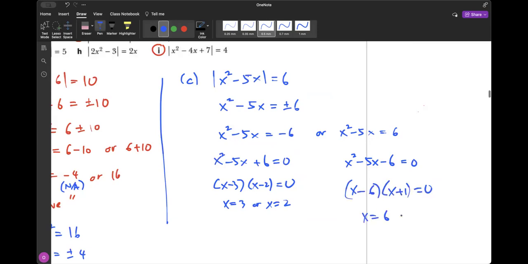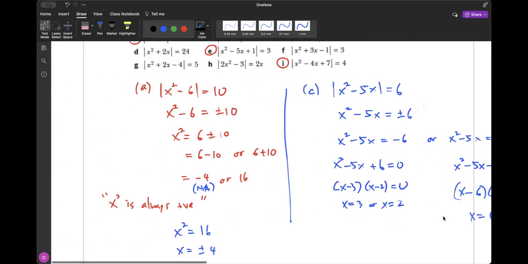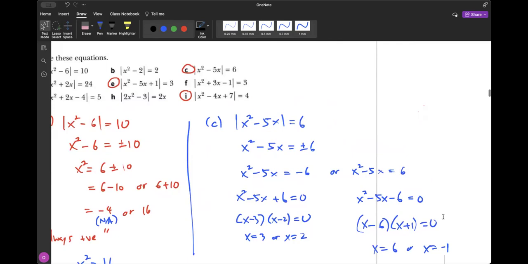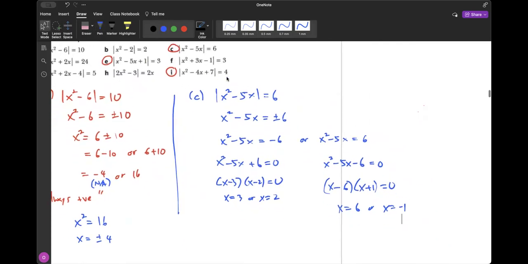Okay, so it's 6 or minus 1. Correct or not? Okay. Okay, you try to practice on C. If you are good, then no need to do the last one over here. Then we can go to the next concept.